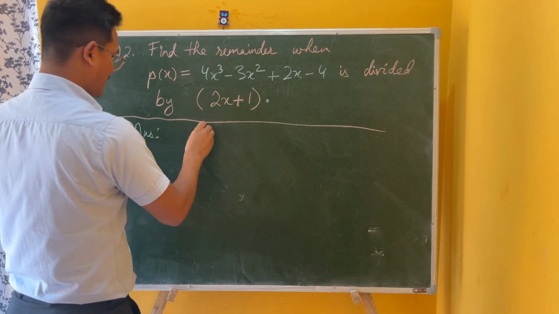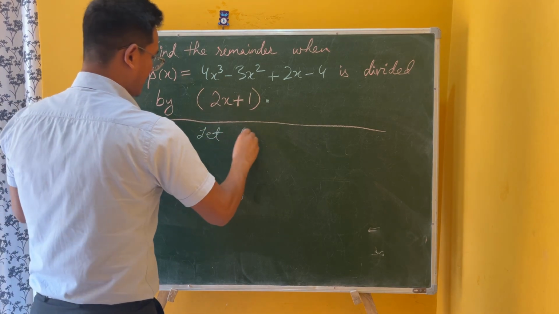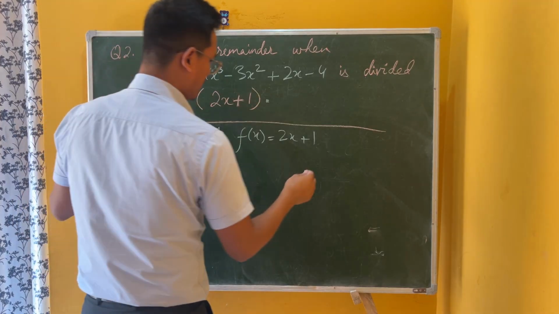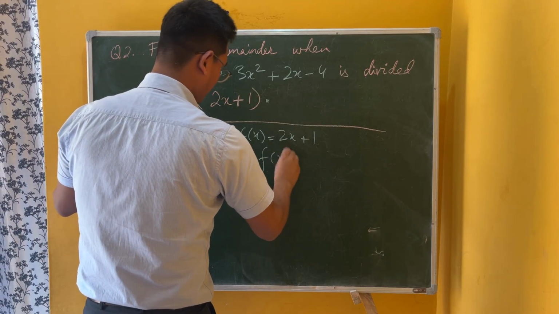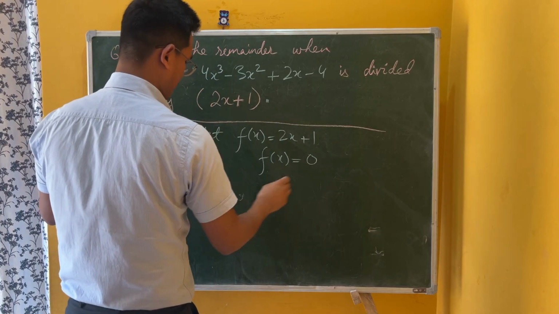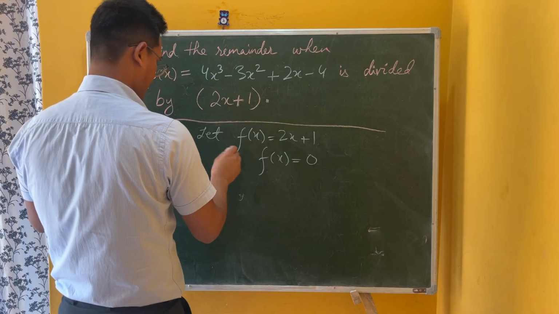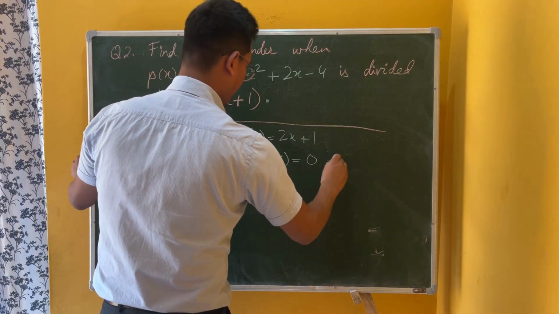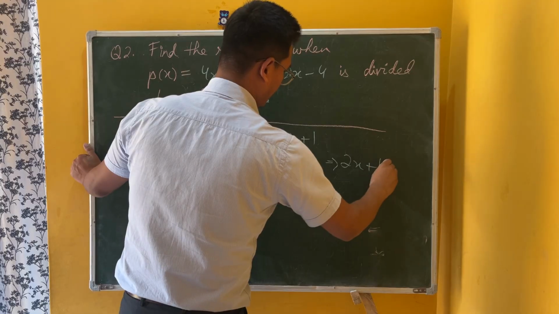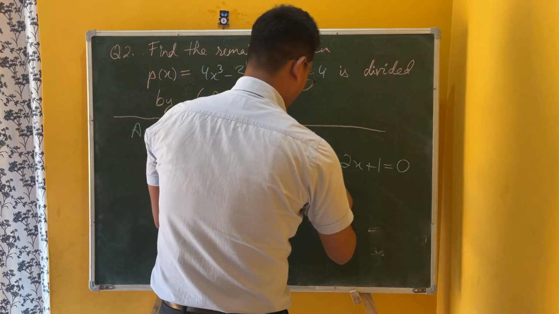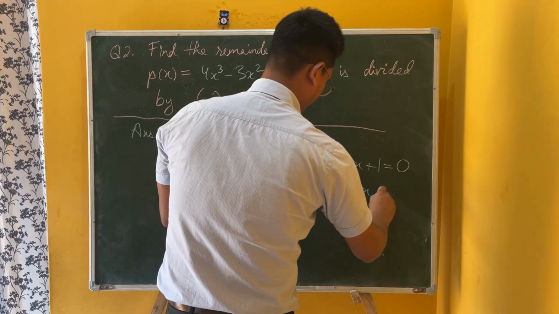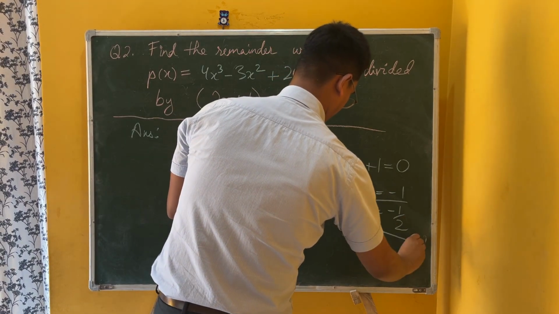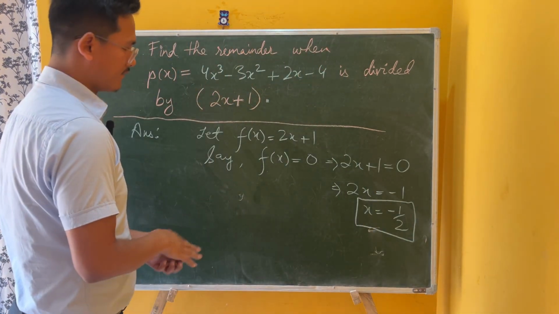You can say let f of x equals 2x plus 1, no problem. Then say f of x equals 0, which means 2x plus 1 equals 0, and solving this one I'll get x is minus half.